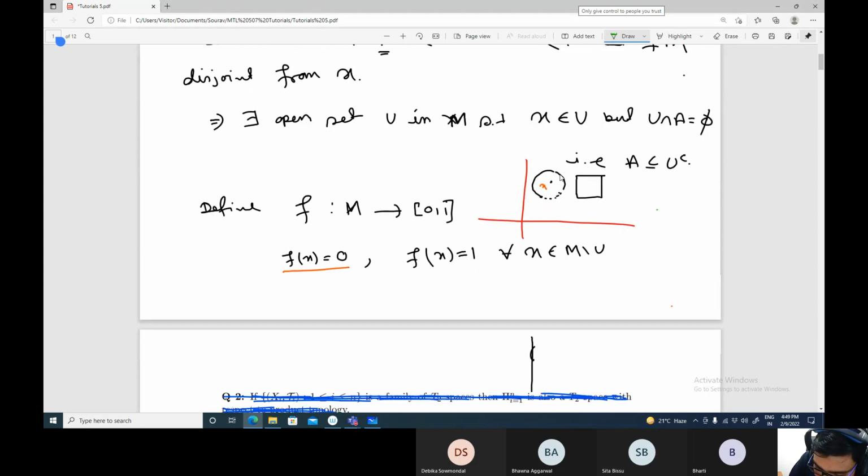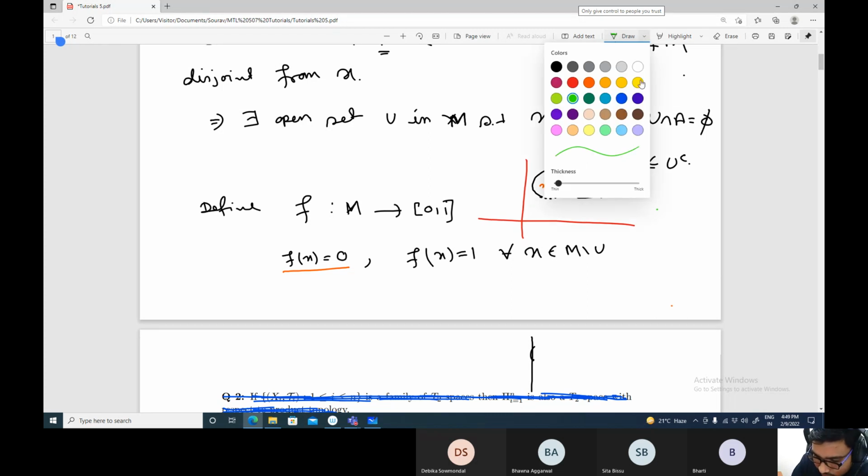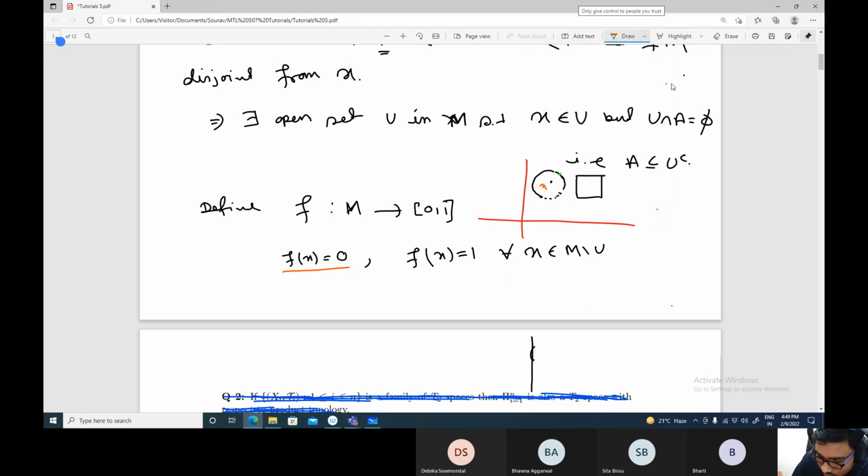Now, suppose you have a point here. This green color is. So you have a point here, and at this point your functional value is 1, and outside also functional values are 1. But we have defined also the functional value at x. We are yet to define the functional value on U except the point x, right?